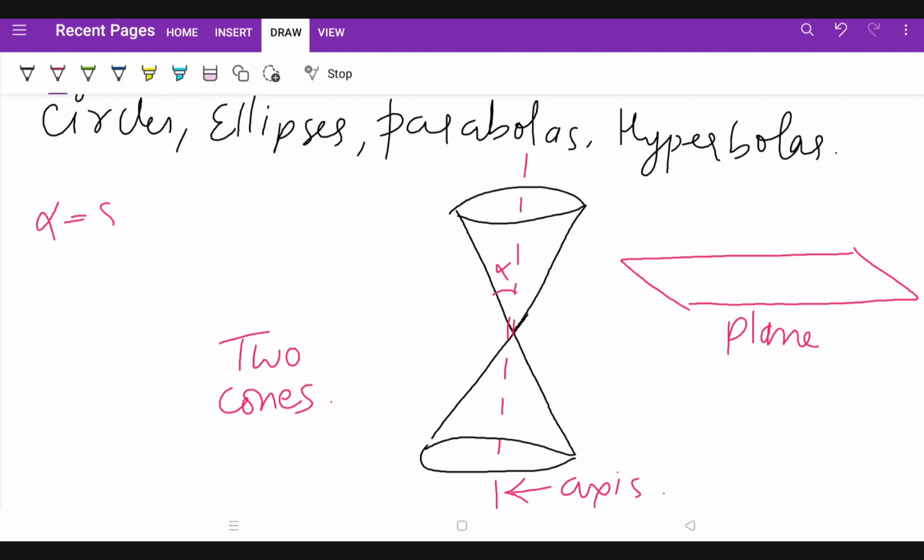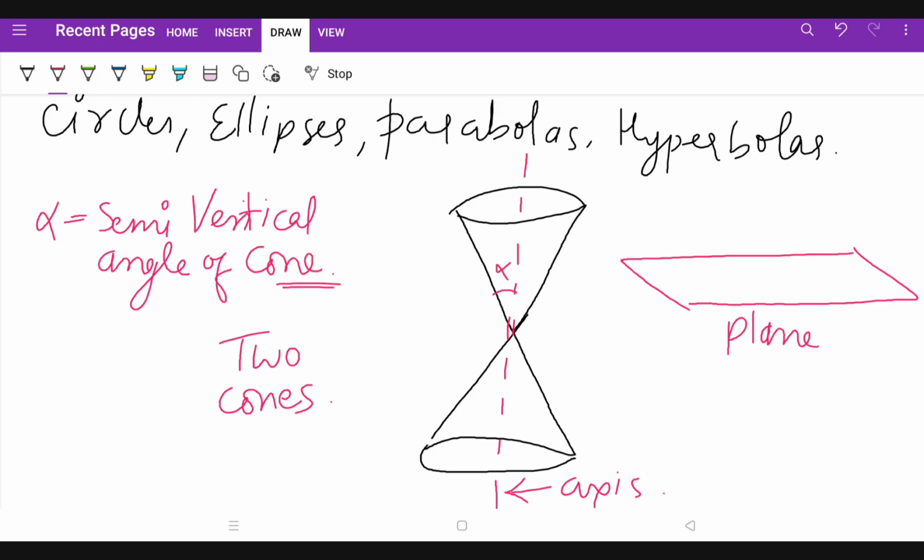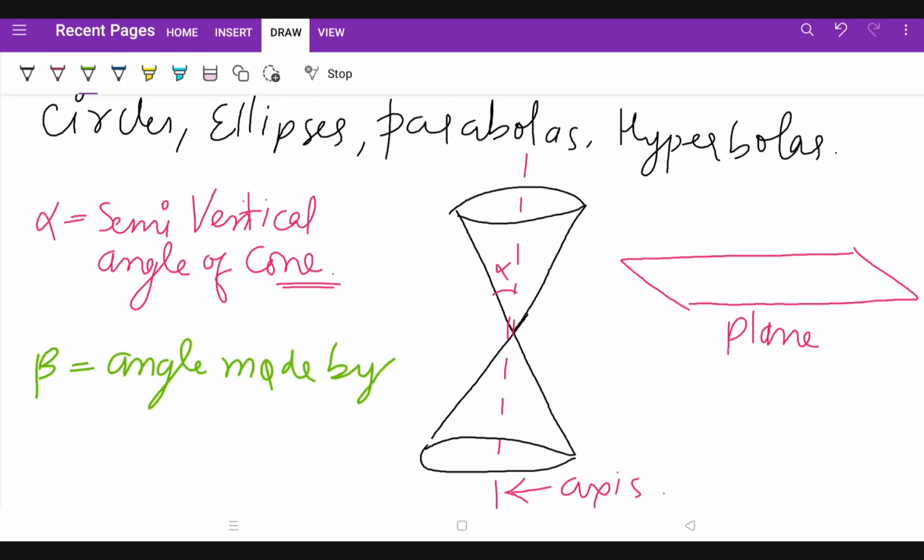So we have alpha equal to the semi-vertical angle of the cone, right? Now we have another angle, beta, that is the angle made by the plane with the axis of the cone.